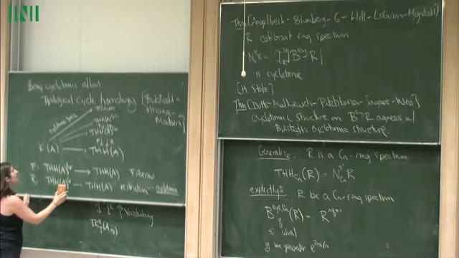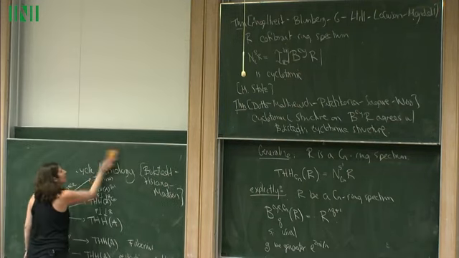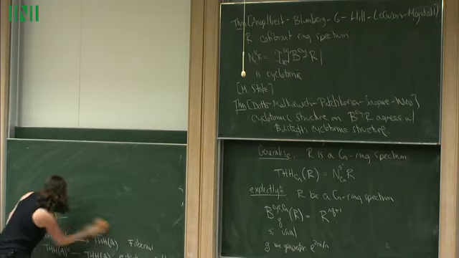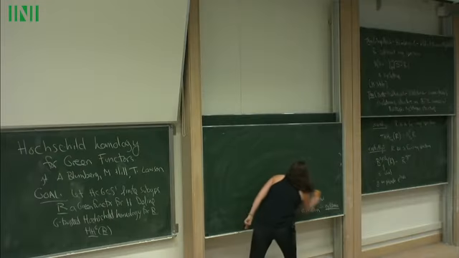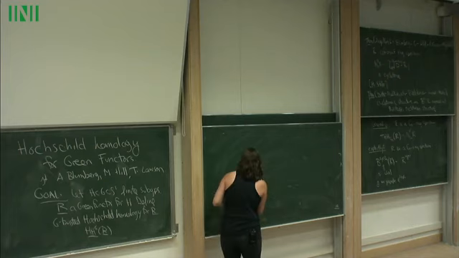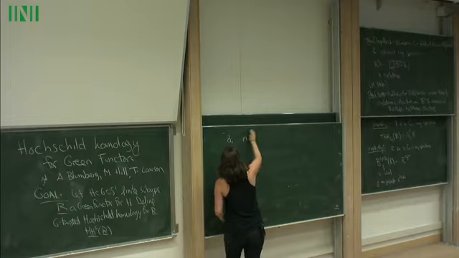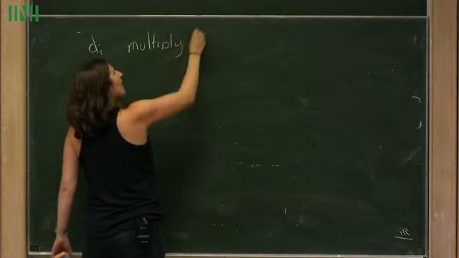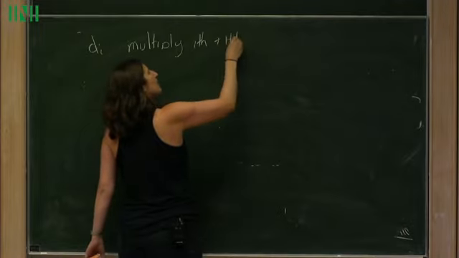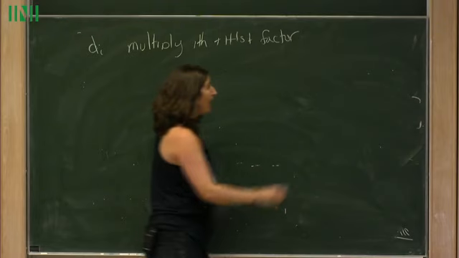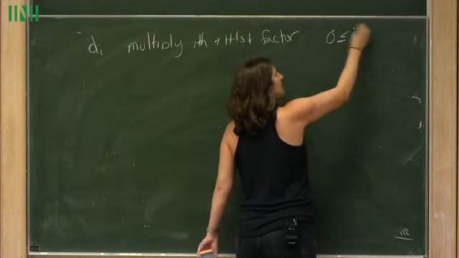Okay, so I need to tell you now what the face maps are, and most of them are just the usual thing. The di's multiply the ith and i plus first factor as long as i is less than q.